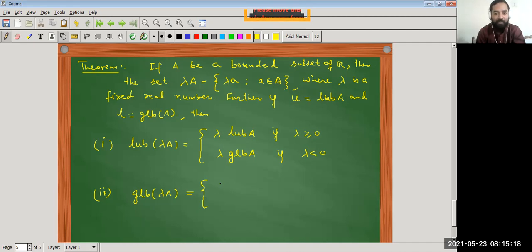If lambda is greater than or equal to 0, then we simply multiply the GLB of A by lambda. But if lambda is negative, meaning less than 0, then it is lambda times the least upper bound of A.